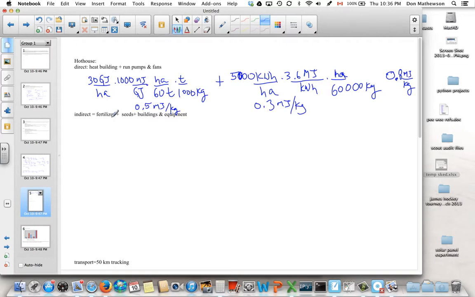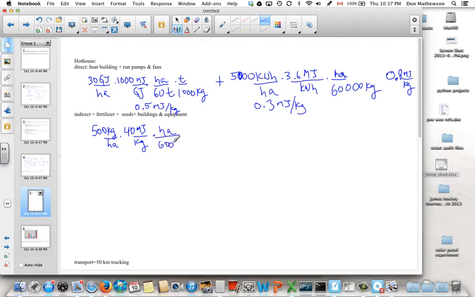the fertilizer, well, we're using a little more because we're more northerly, 500 kilograms per hectare. It still takes about 40 megajoules to make a kilogram of fertilizer, not a kilogram of product. And then we again just convert that to the yield.